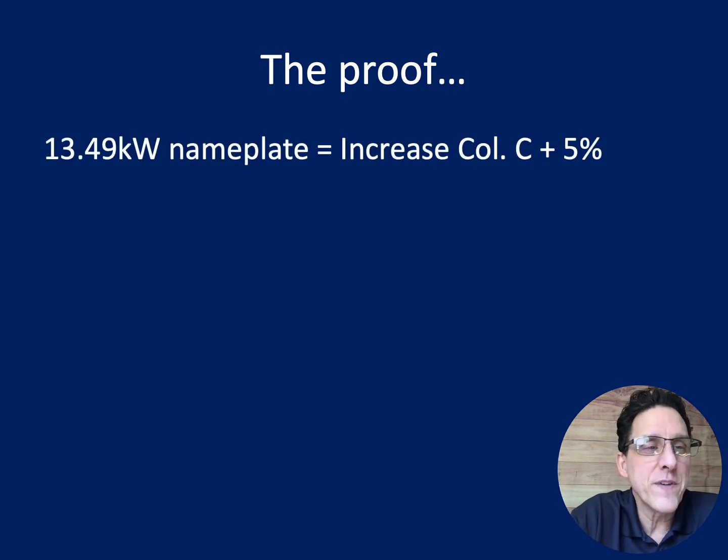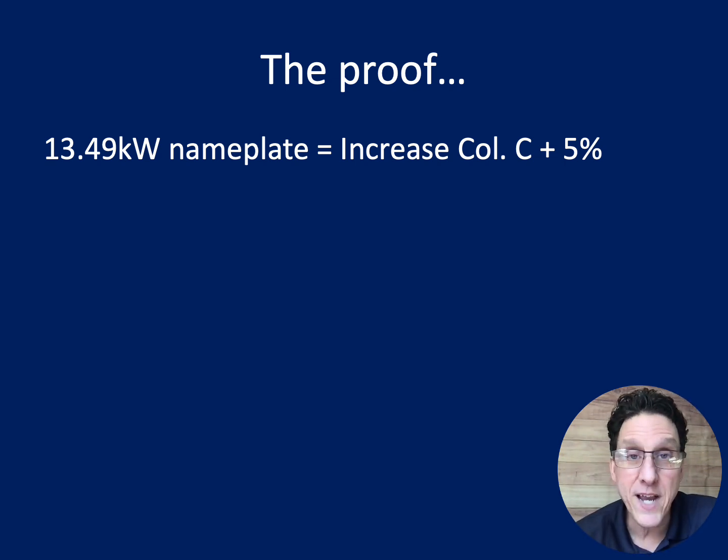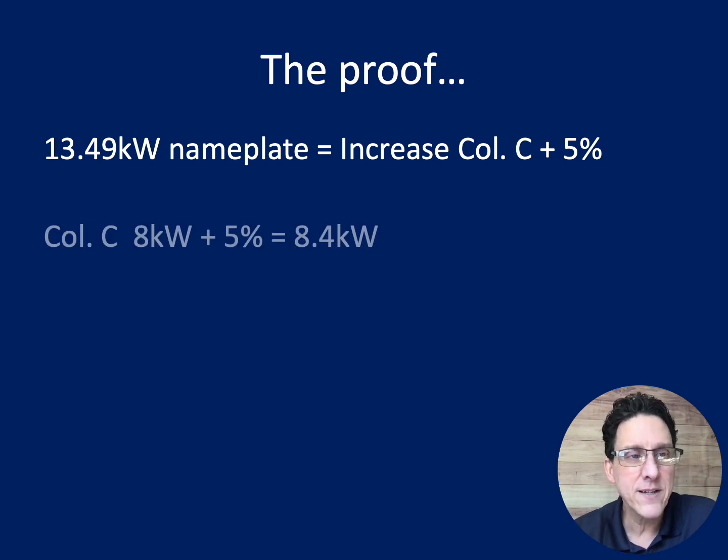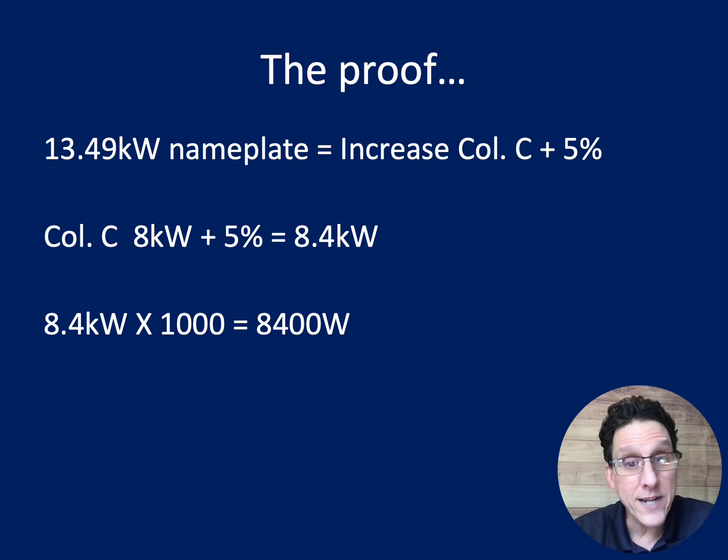All right, so the proof is this, 13.49 kW. A 13.49 kW nameplate requires an increase of 5% in column C. And so that math looks like this: column C, 8 kW plus 5%. That gets us to 8.4 kW. 8.4 kW times 1,000 is 8,400 watts, or volt amps.